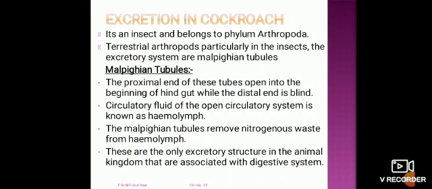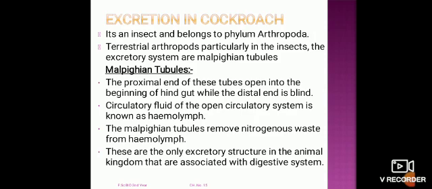Excretion in the cockroach. It is an insect and belongs to phylum Arthropoda. These are terrestrial arthropods, particularly in the case of class Insecta. The excretory systems are the Malpighian tubules.